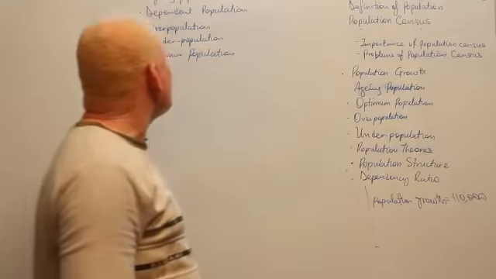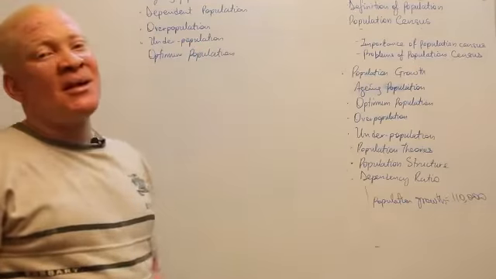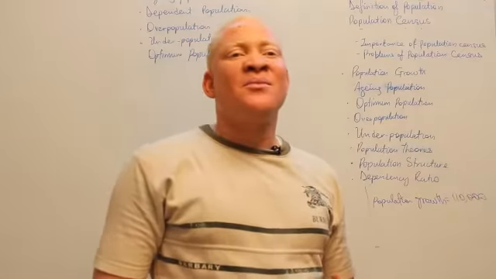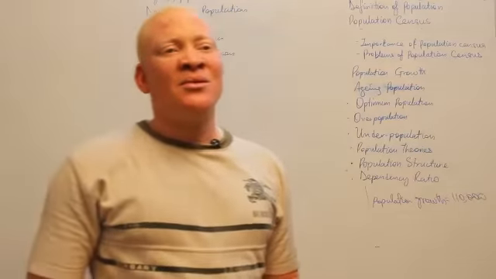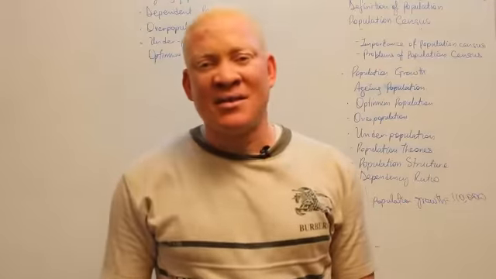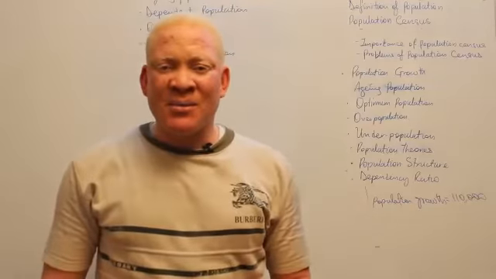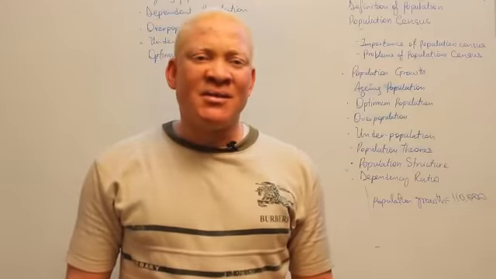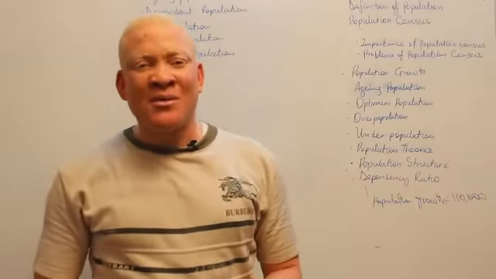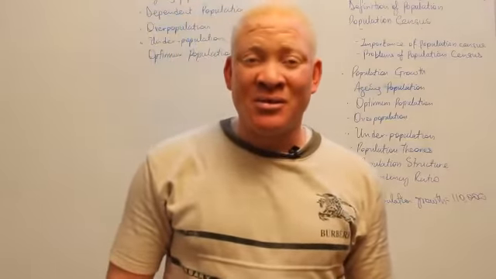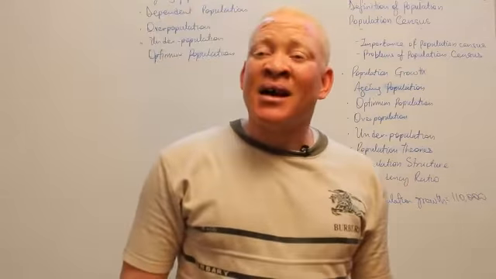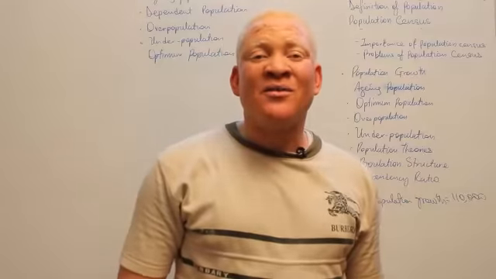So now aging population is a population that is dominated by old people. That means that the percentage of people that are older in the population is higher. The implication of an aging population definitely is that the population is less productive, because the number of workers that are actually feeding or taking care of more old people is small, and development will be a bit slow.